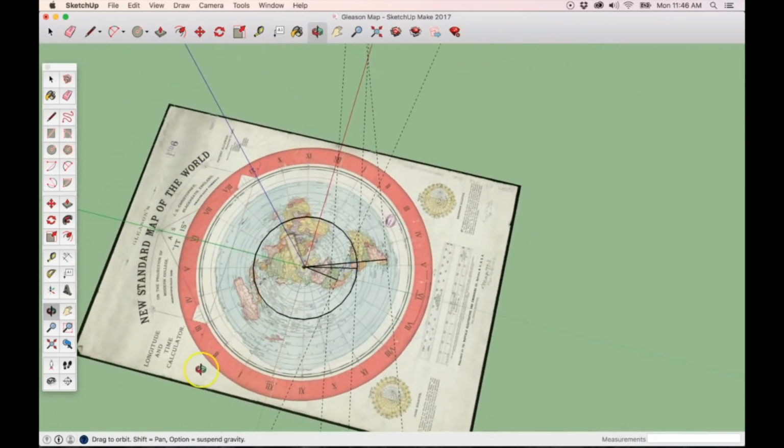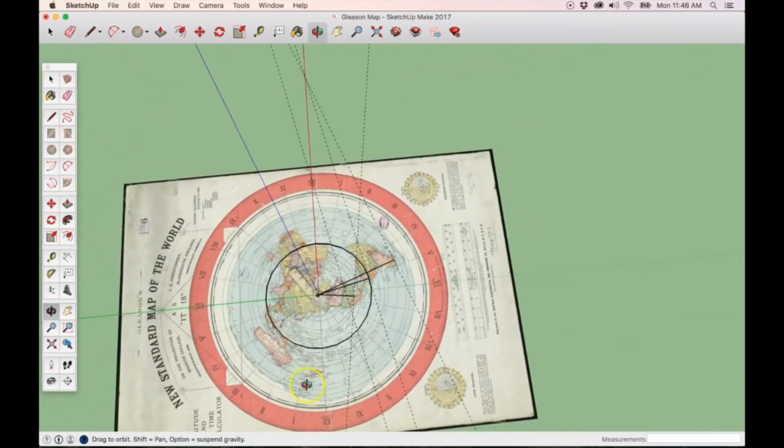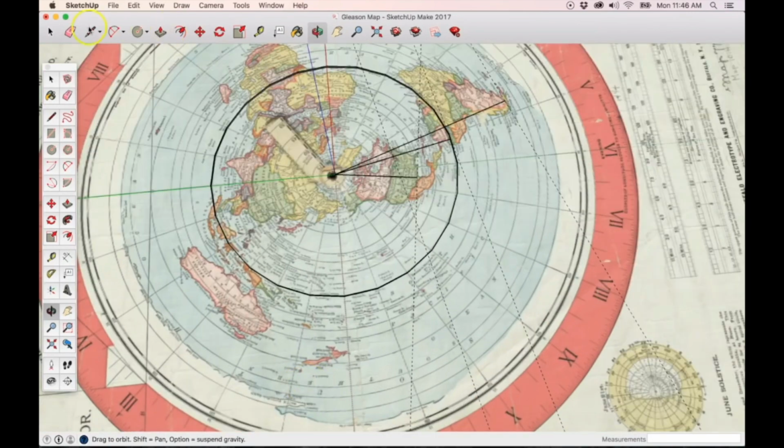Let's do New Zealand. All right, so we'll draw a line from New Zealand up to the North Pole. We'll grab the protractor. We'll snap off of this, come around here to 90. And they see the sun rising from this direction, 90 degrees east out here, setting 270 degrees west out here.